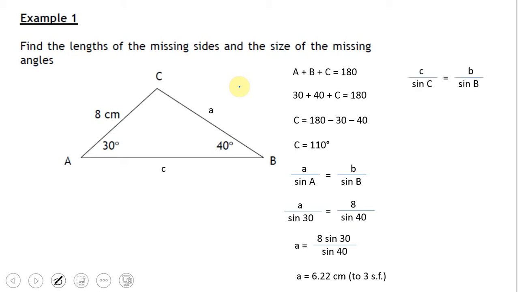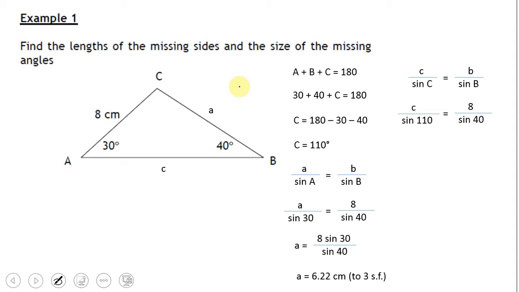So little c over sine C equals little b over sine B. We've got our angle capital C, which is 110 degrees that we worked out. We've got little b and sine B as we used them in the last question. So we get little c over sine 110 degrees equals 8 over sine of 40 degrees.